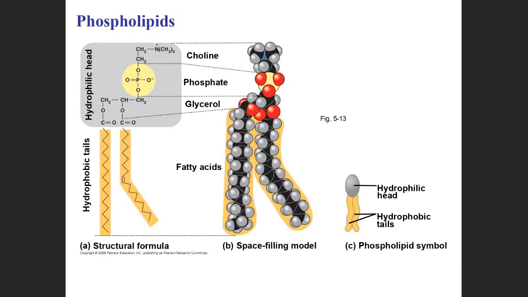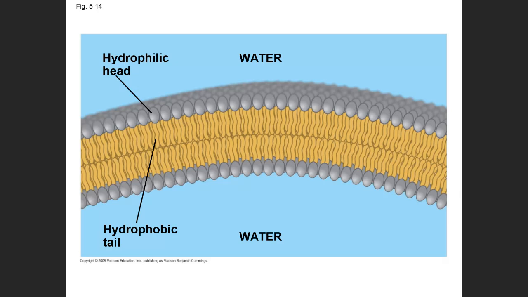So if you take some phospholipids and you mix them in a beaker of water, they always form a characteristic structure. And that structure is a bilayer. So here we see the lipid bilayer. So this bilayer configuration is what always happens when you mix phospholipids with water.